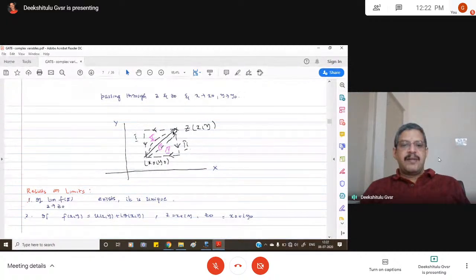You can have paths like this, like this, but the minimum number of curves required is as follows.